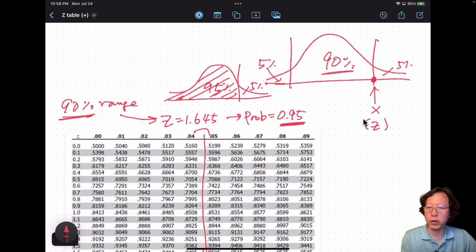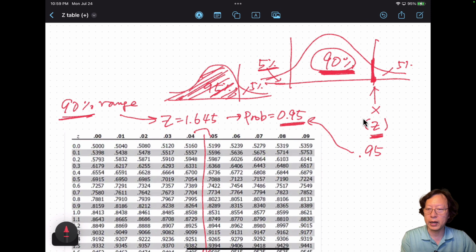So even though our confidence level is 90%, when we try to find this point as a z-value, you have to look for the 0.95, because this table shows all the way from the left-hand side. That's why it's including this 5% and 90%, so we have to look for 0.95.